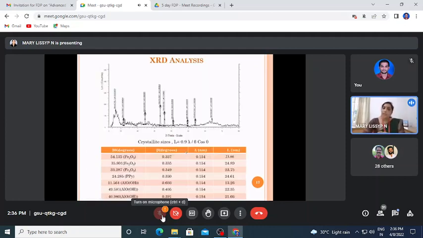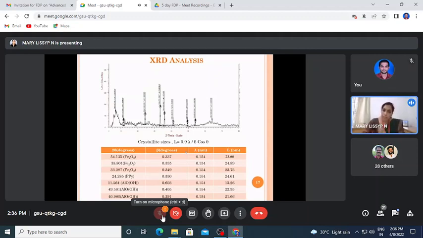Another important one is XRD analysis. You will be knowing this, but I am explaining with an example to make it clear. XRD means X-ray diffraction analysis. When you get a nanoparticle, how will you identify whether it is a nanoparticle or not?